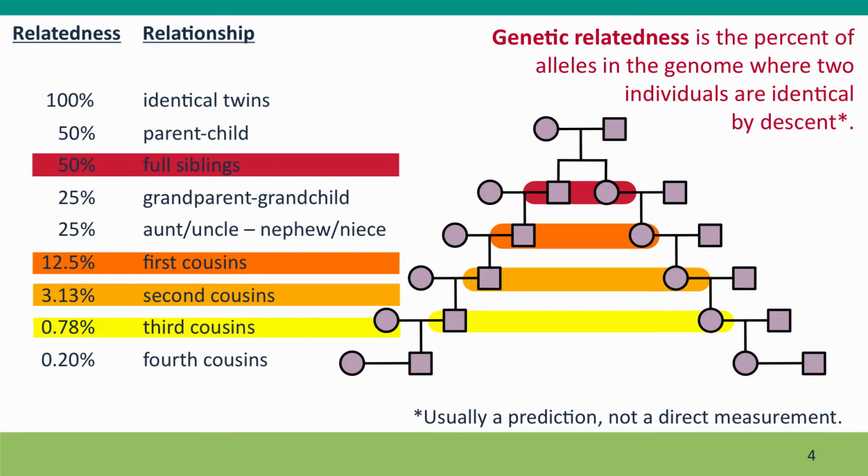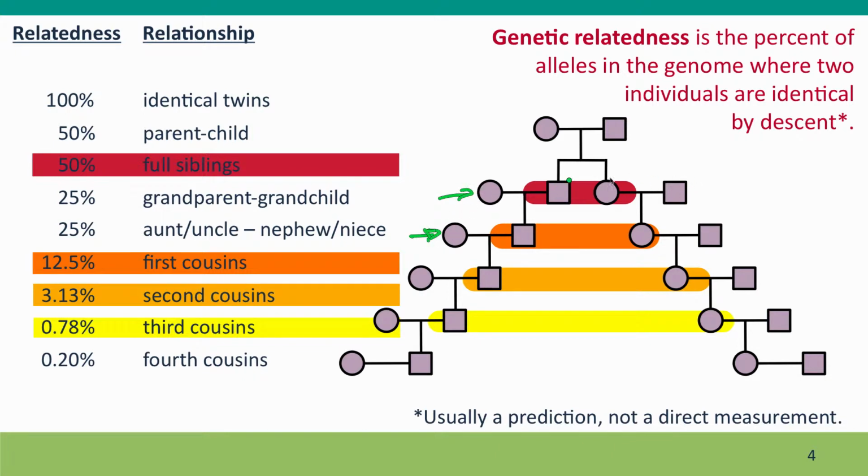Here's a slide from Module 7 showing relatedness of different kinds of relatives. And in our discussion of inbreeding, we'll be focusing partly on full siblings and mostly on cousins.